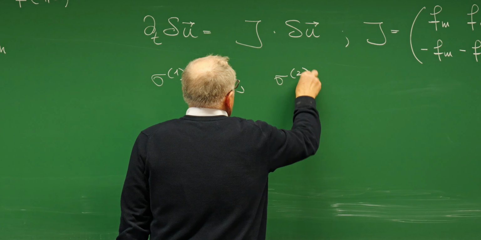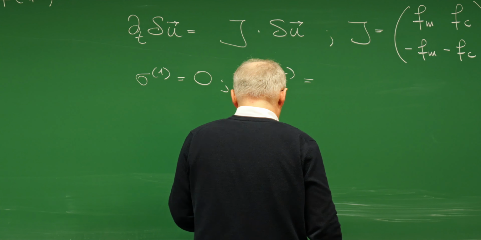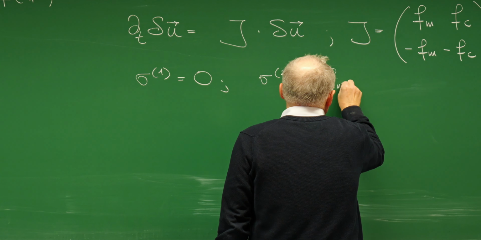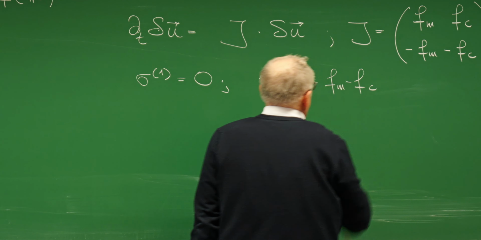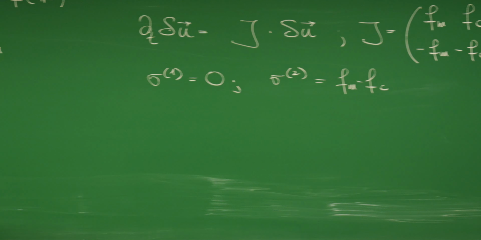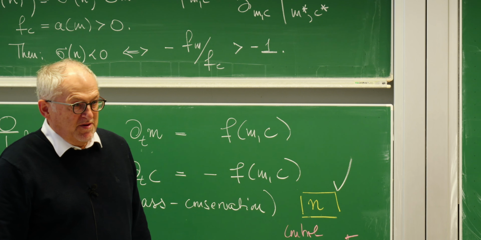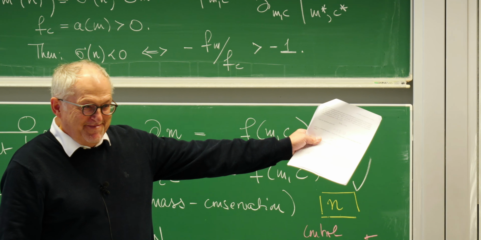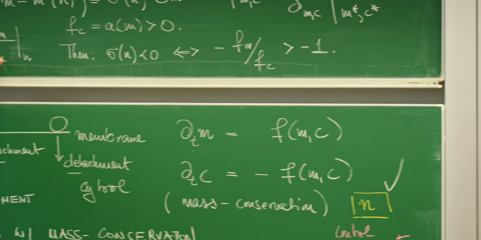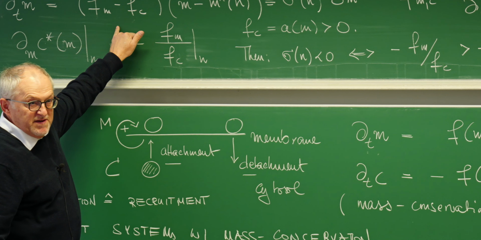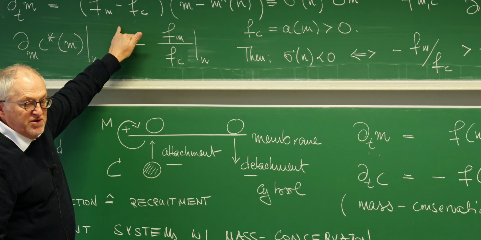And there's a second eigenvalue that is Fm minus Fc. Why should that not surprise you? Because we have calculated one of them, which is Fm minus Fc. So we recover that, and we should.